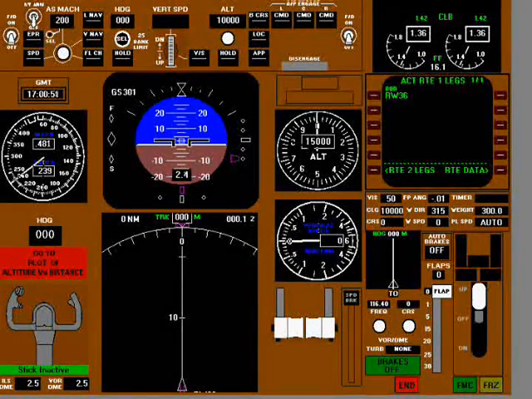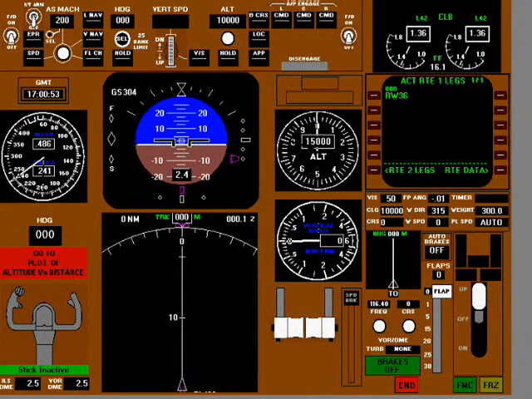Notice the coordination of pitch attitude with changes in airspeed.